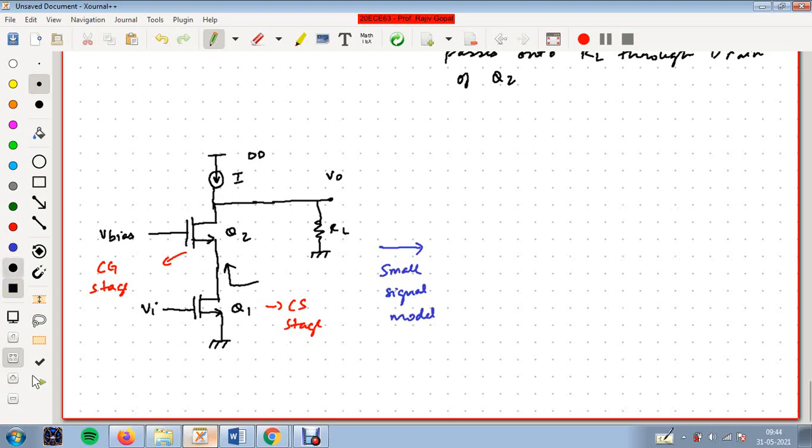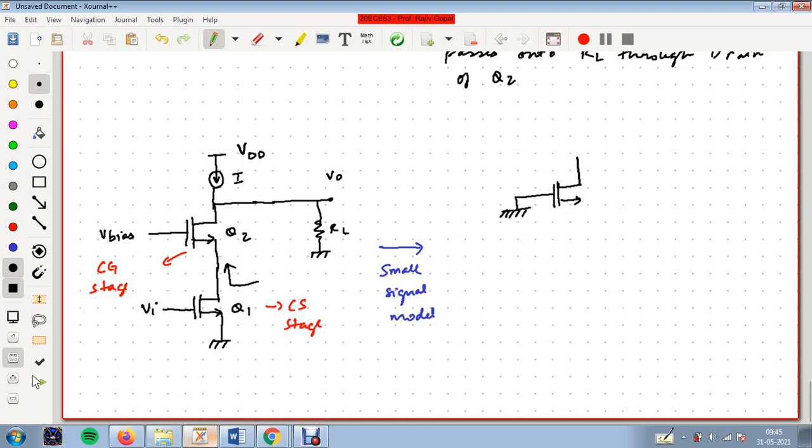So this V bias is gone, so it is connected to ground. If you're wondering why I'm drawing this, this is a small signal model, not the exact small signal model. But I'm going to indicate all the drain to source resistances. Then I'm going to remove the bias current I. All these things I will remove.